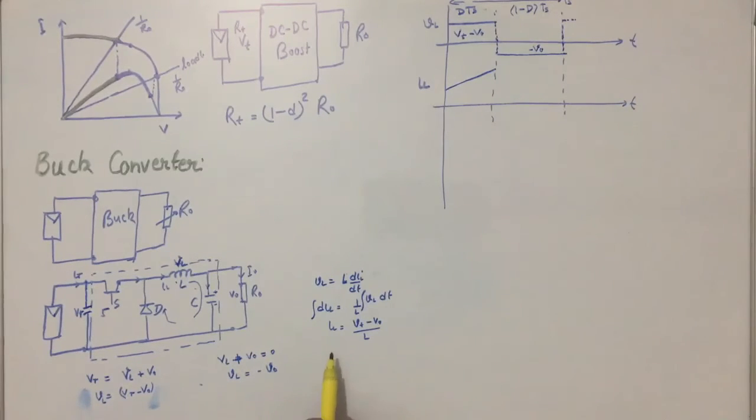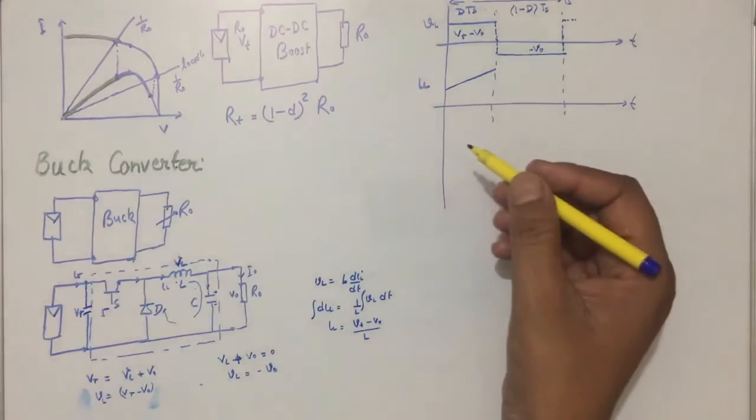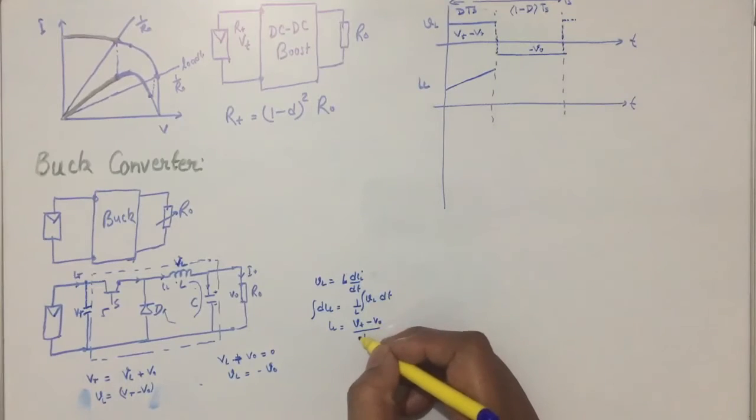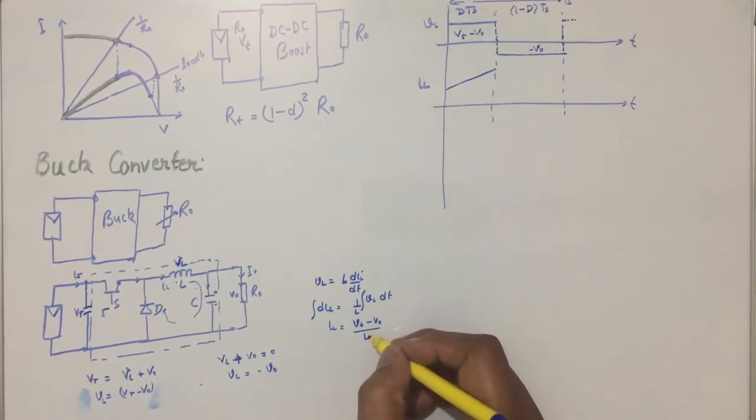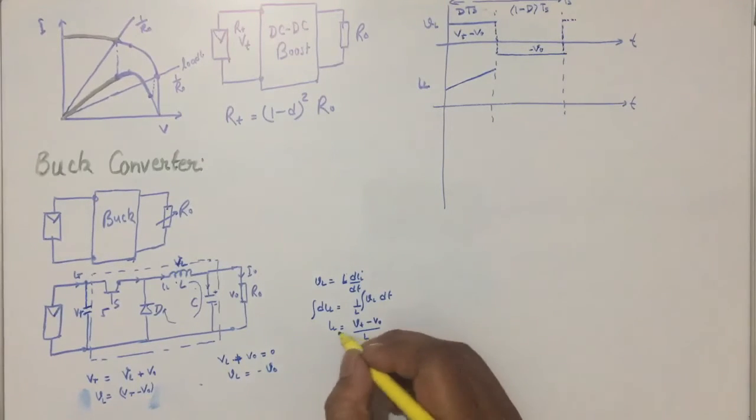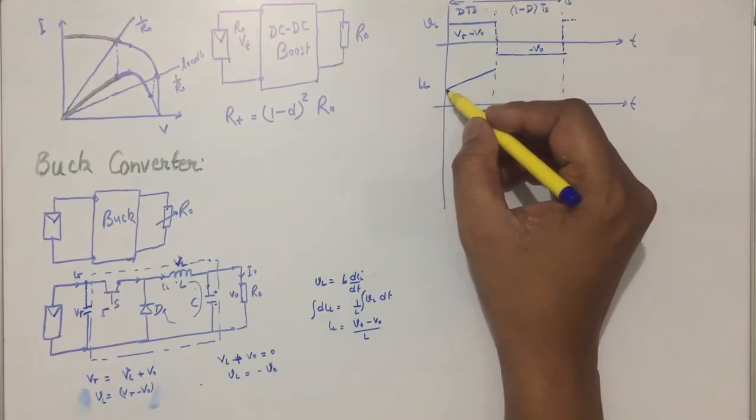So we can say it is inversely proportional to L. It means the slope is inversely proportional to L. Anyway, it is fixed, so once it is fixed, the slope is uniform.